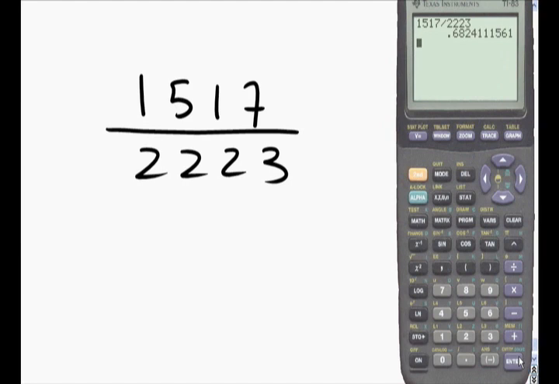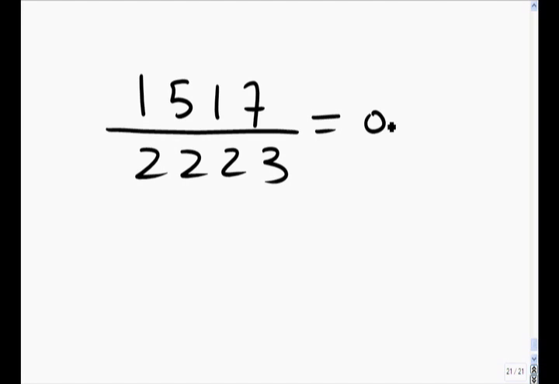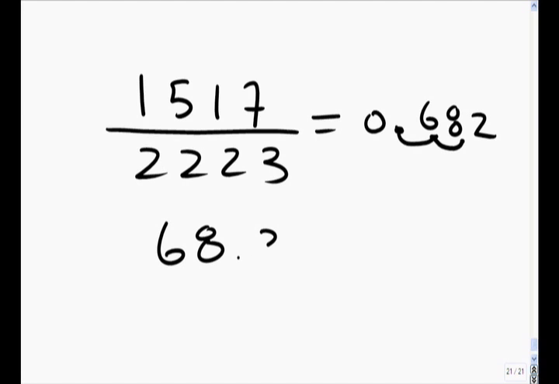If we approximate this number to the nearest thousandths, the 2 is in the thousandths position and the digit to the right is a 4, which means our final answer is 0.682. Multiplying this number by 100 simply moves this decimal 2 spaces to the right. 68.2% of the passengers died on the Titanic.